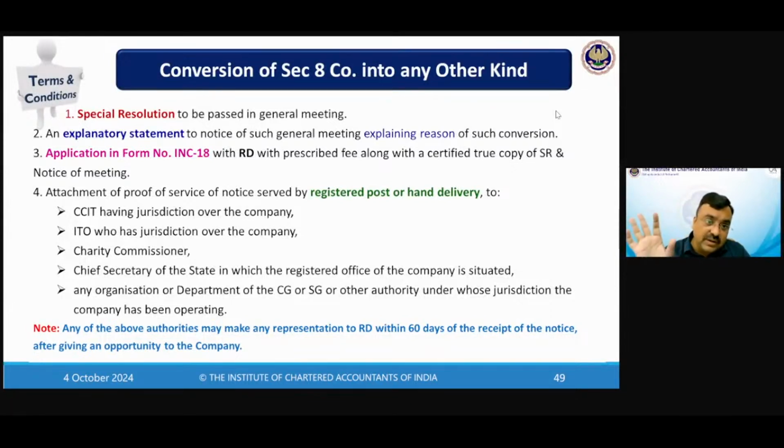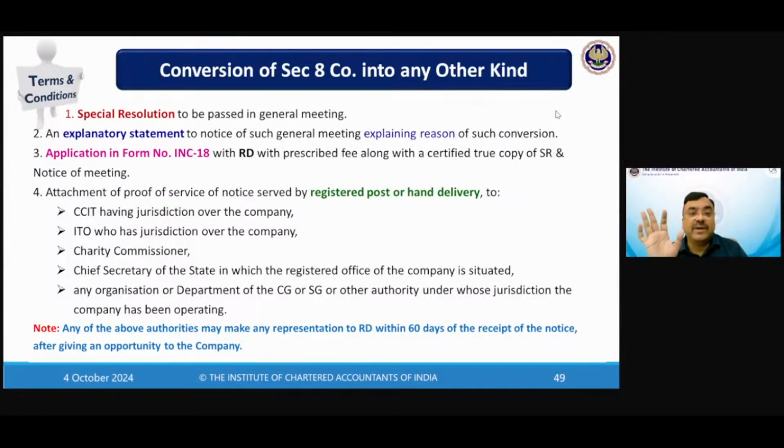यानी कि जो आप एक्सप्लेनेटरी स्टेटमेंट लगाएंगे नोटिस के साथ, मीटिंग कॉल करेंगे आप, जनरल मीटिंग कॉल करनी है फॉर द पासिंग ऑफ स्पेशल रेजोल्यूशन. In the notice of the general meeting to be called for passing the special resolution, an explanatory statement should be attached in which the reason for conversion of this charitable company into another kind of company should be clearly mentioned.